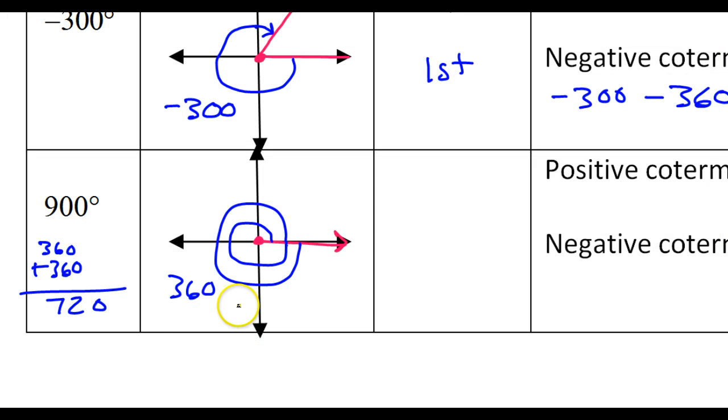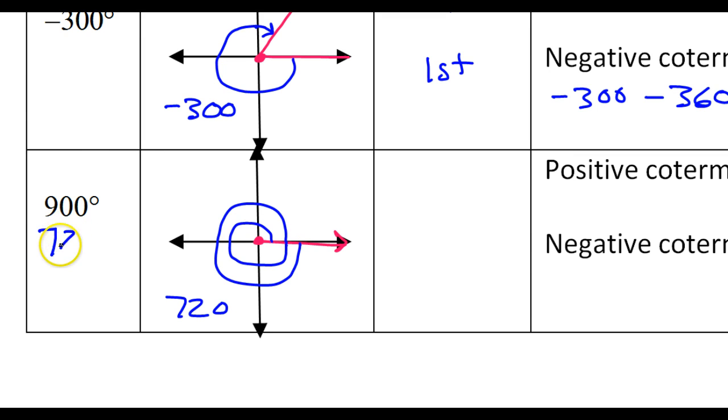So now I've gone around twice, so that's 720. If I go another 360, then I've gone too far, so I don't need to do that again. So far I've gone 720 degrees because I've gone around twice, and I'm still back to where I started from. So now let's go from there. So far I've got 720 degrees happening.